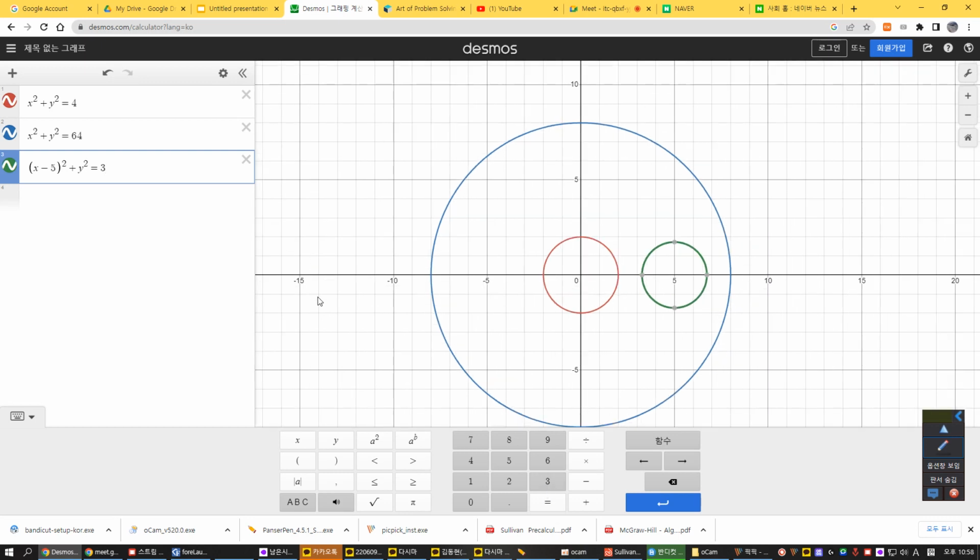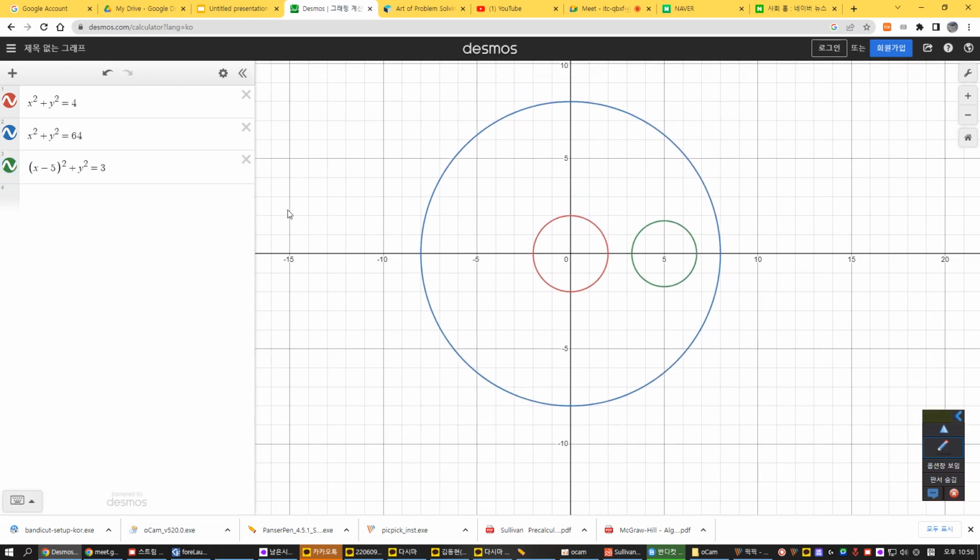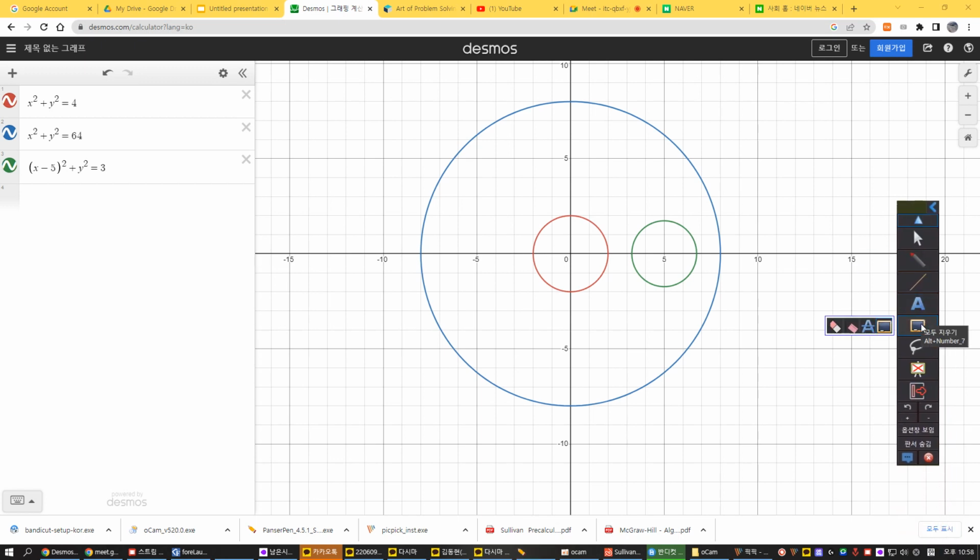Okay, so now we have these three circles, and we want to find the circle tangent to all of these three circles. So if we think of such a circle, we can think of this type of a circle, right? So now this circle is tangent to these three circles.